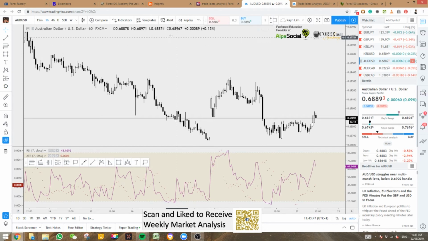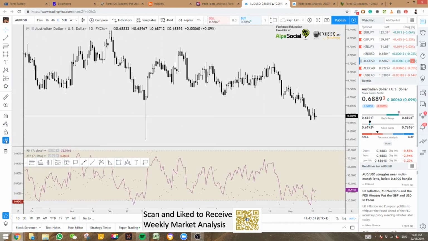Back to the daily chart. On the daily chart, likewise a very simple buy sell zone. You can see that the market correlation is very alike.